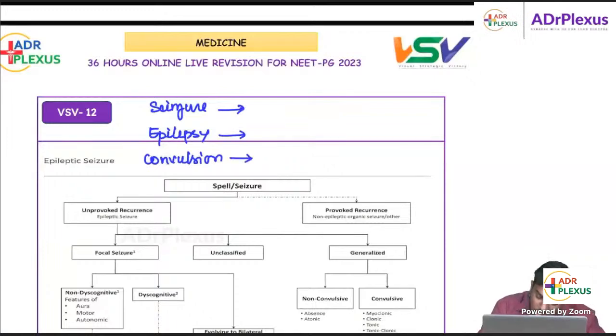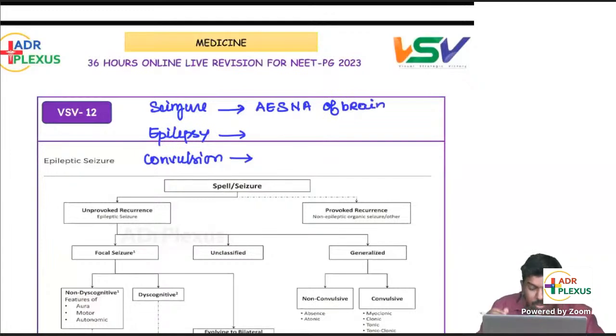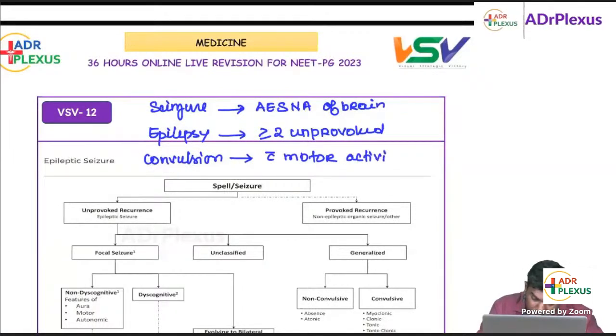Seizure is abnormal, excessive, hypersynchronous neuronal activity of the brain. Epilepsy: whenever you have more than 2 unprovoked seizures. What is convulsion? Seizure with motor activity.